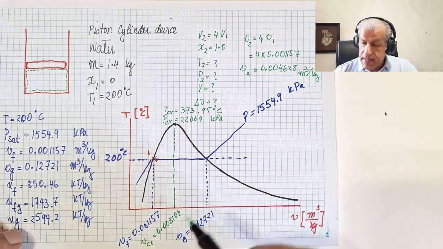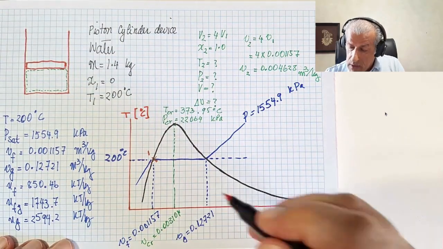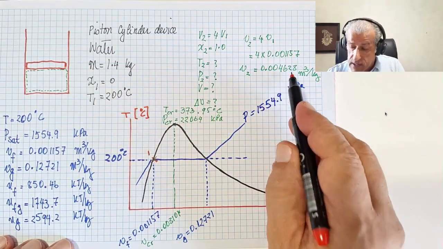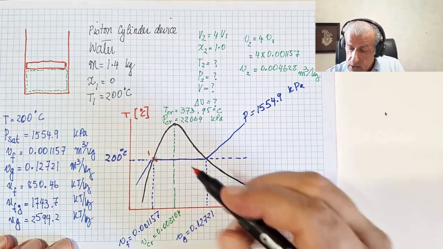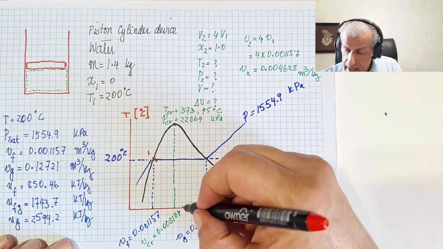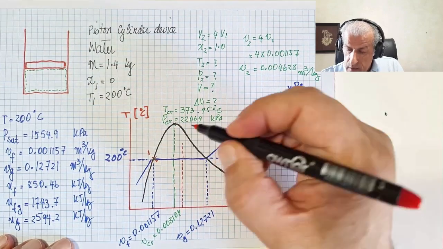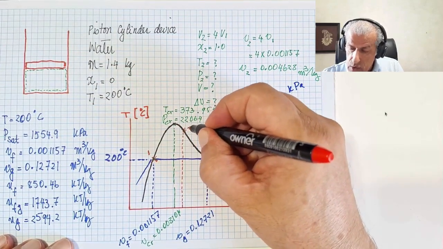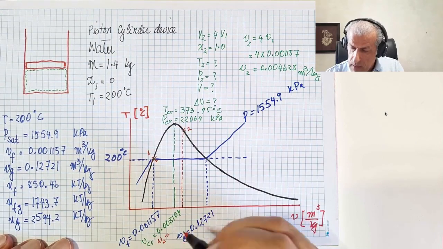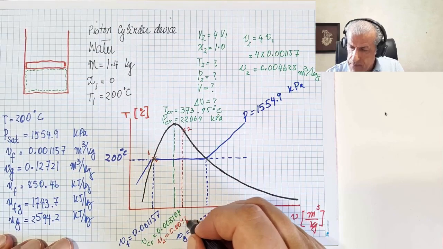You see, this is point 1. For point 2, our specific volume is 0.004628. Our critical was 0.003, so this would be slightly to the right of our critical point, and this would be our point 2. So v2 equals 0.004628.